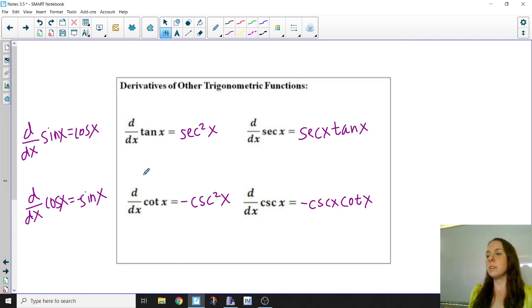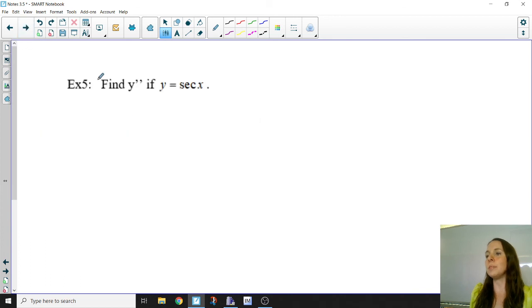The derivatives of all of the cofunctions, cosine, cotangent, cosecant, all of those are negative. Okay, I know it's not like a huge trick to help you remember them, but it's one thing. At least you can remember when it's supposed to be a positive derivative, when it's supposed to be a negative derivative. The rest will come, I promise you, because throughout the rest of the chapter, you are going to be doing the derivatives of these over and over and over again. And so if you actually do practice them, you will remember them.